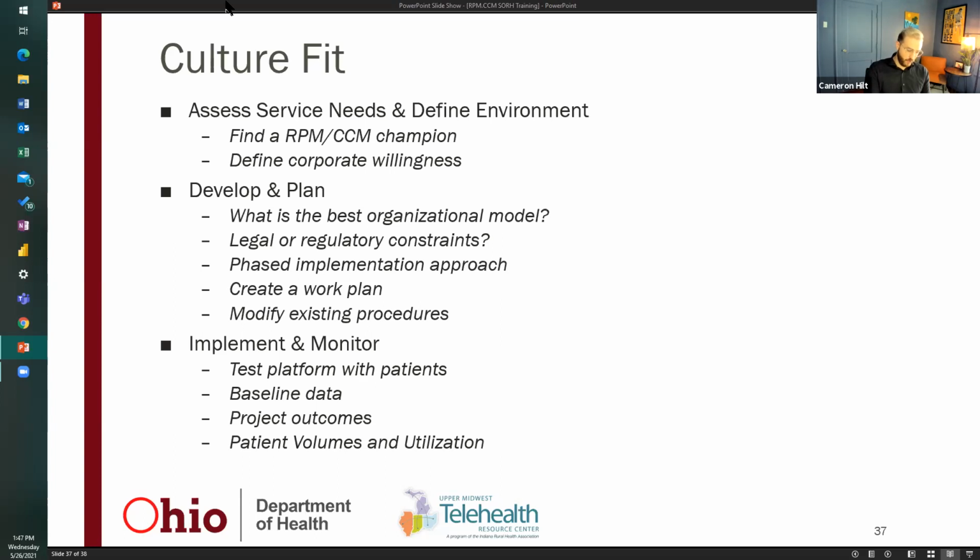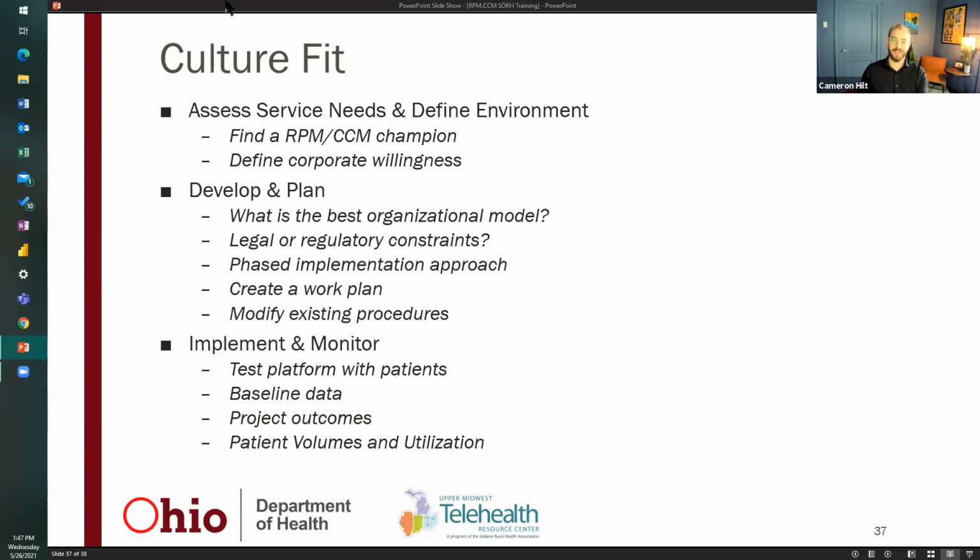And then lastly, you want to know that it's going to fit into your culture. So really, when you are first assessing the service needs and defining the environment, which is really where you're starting to identify those problems that could be addressed by this, you need to have someone in your organization who's essentially your remote patient monitoring, chronic care management champion.